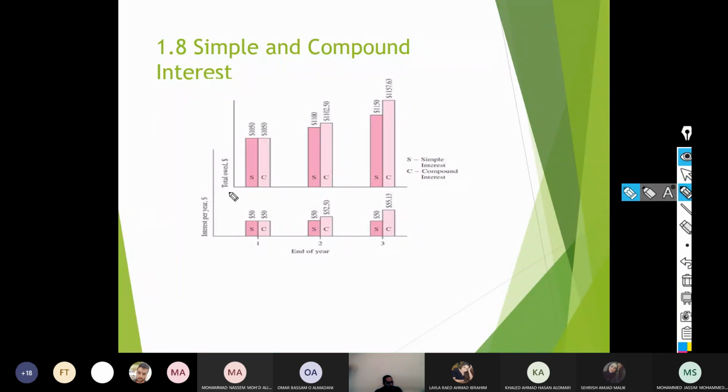here is an illustration. This is a simple, and as you can see, what is happening? An increment is constant. High increment, 50, 50, 50. 50 on top of another 50 is 110 and so forth. What about the compound? The compound, the magnification of it is slightly increased because of the power.